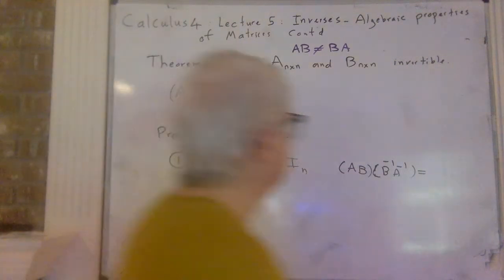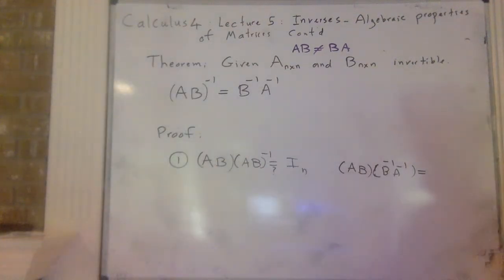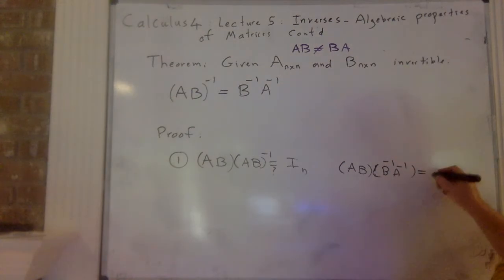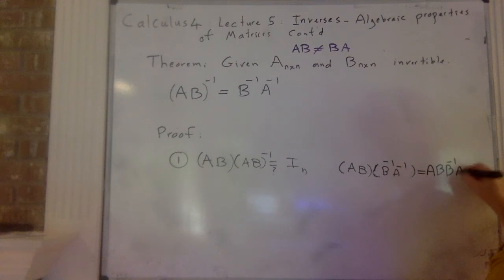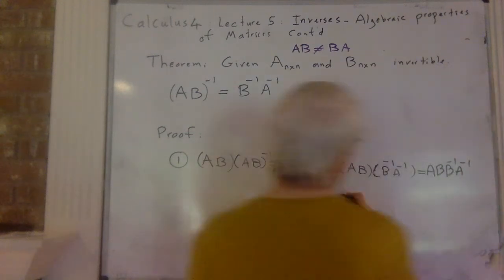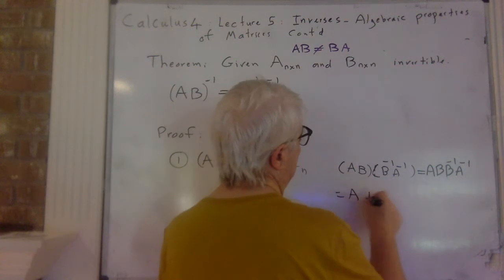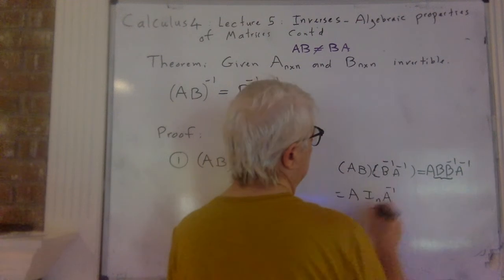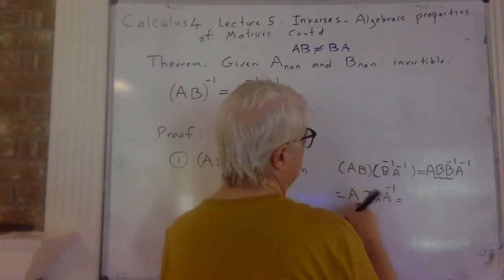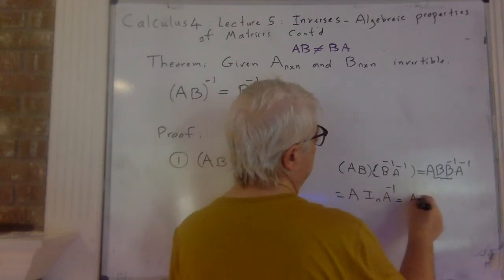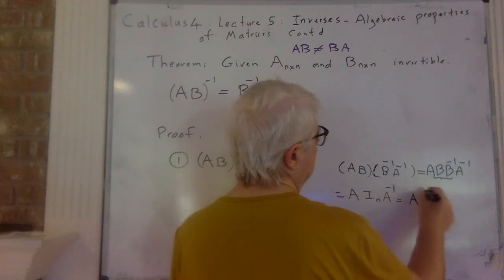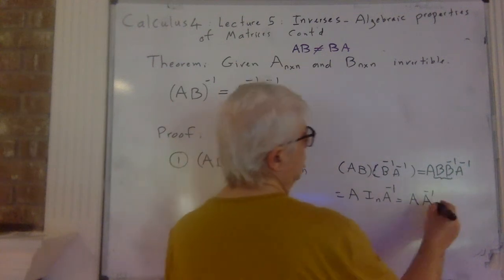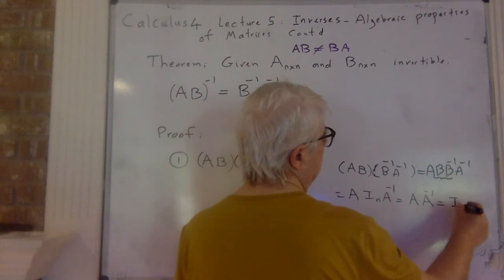I can just remove the parentheses: A B B inverse A inverse. So I have A, IN, A inverse. B B inverse is IN, and IN times anything gives me that thing back, so you can just ignore IN in the middle. Then A A inverse is also IN.